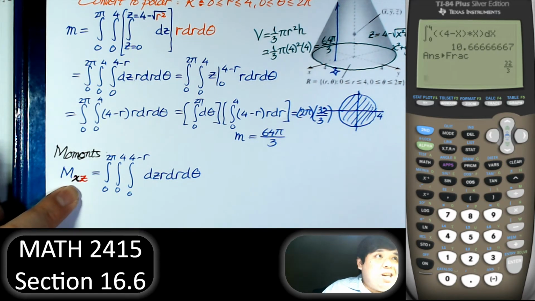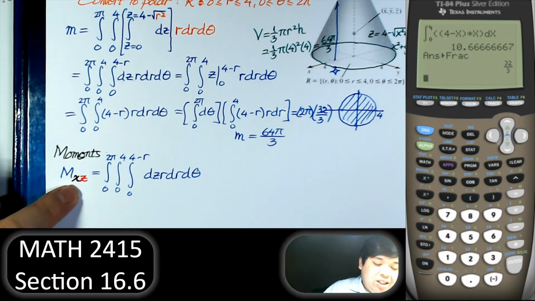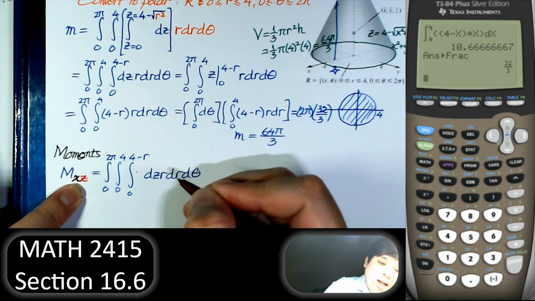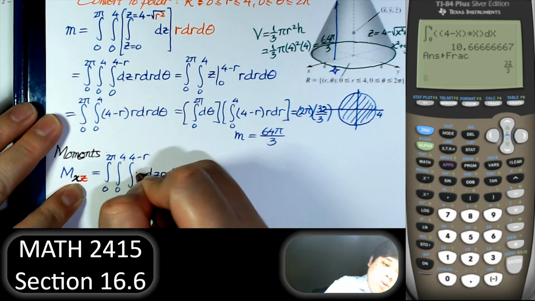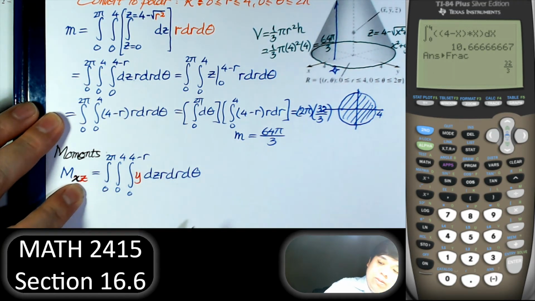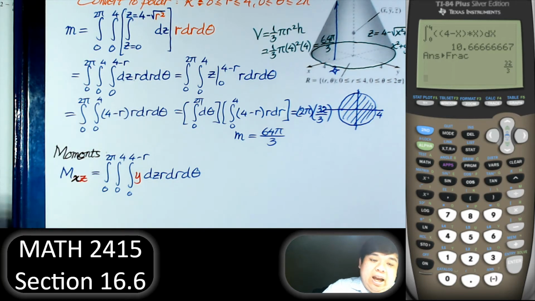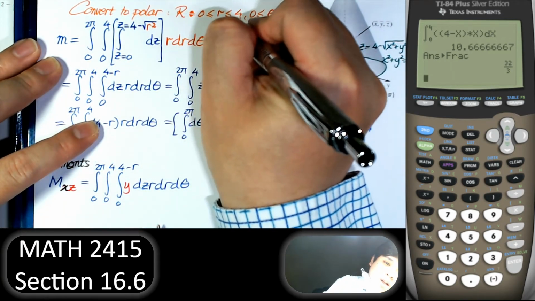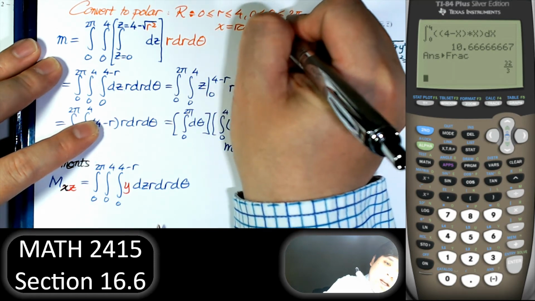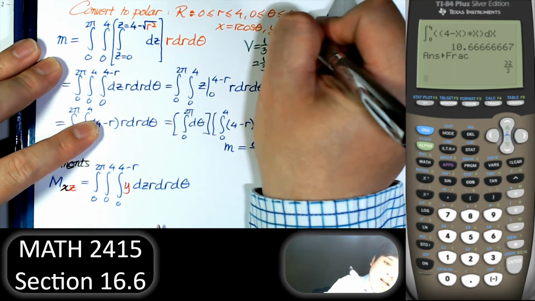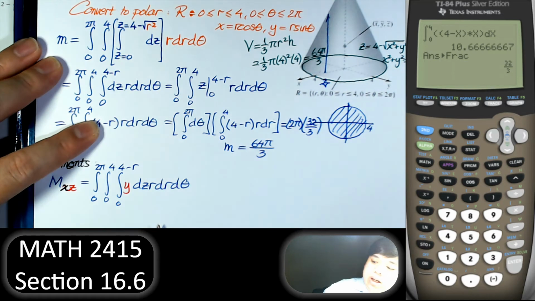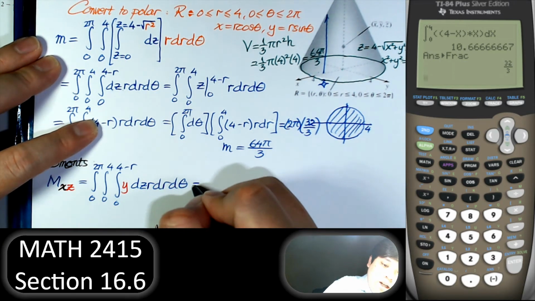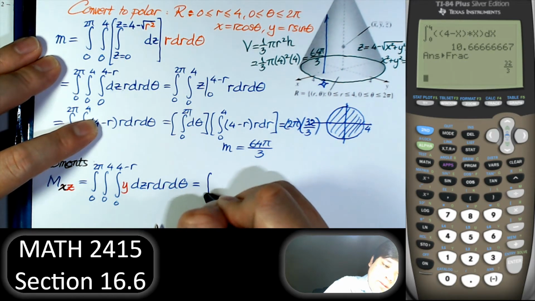With respect to the xz plane, the distance to the xz plane, we're going to stick a y to it. This is the same as in polar coordinates: x equals r cosine theta and y equals r sine theta. So instead of y, we're going to put r sine theta.